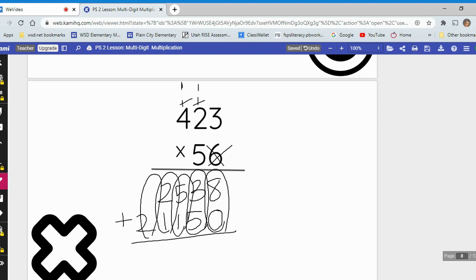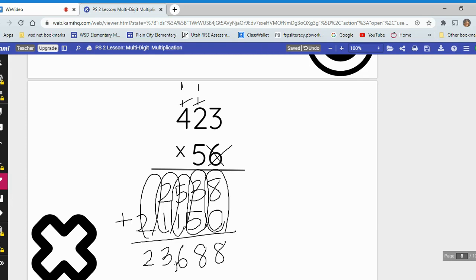So when I'm adding these, they're all lined up. So 8 plus 0 is 8, 3 plus 5 is 8, 5 plus 1 is 6, 2 plus 1 is 3, and 2 plus the nothing up there is 2. My comma goes in there.